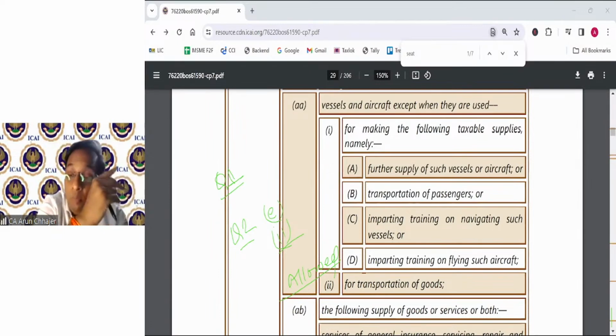If the motor car is being used for the transportation of goods, you can take the ITC, and when vessel and aircraft are being used for the transportation of goods, in both cases ITC is allowed. So why is there a separate clause in AA, and why is this not a separate point in the first clause A? That is my question.